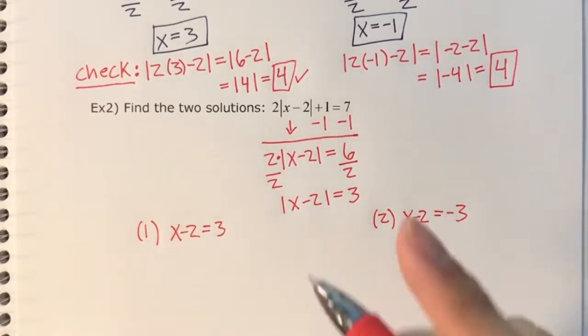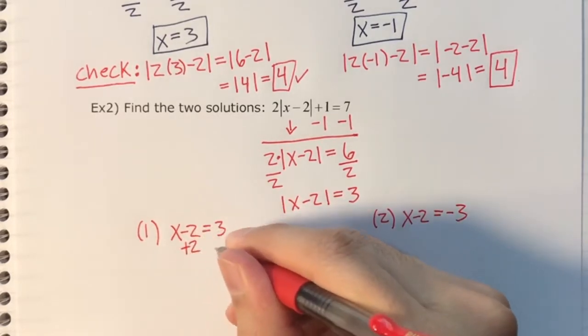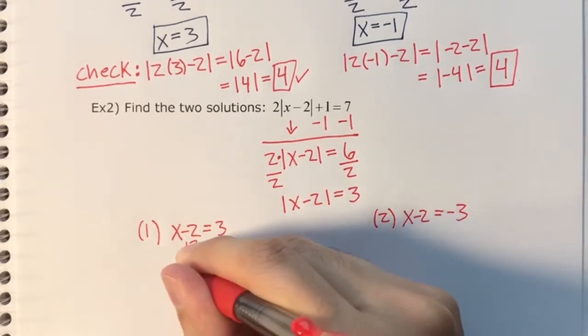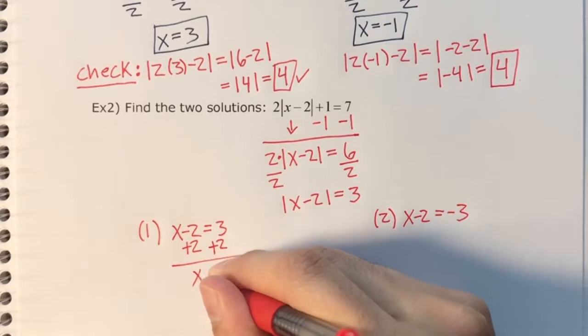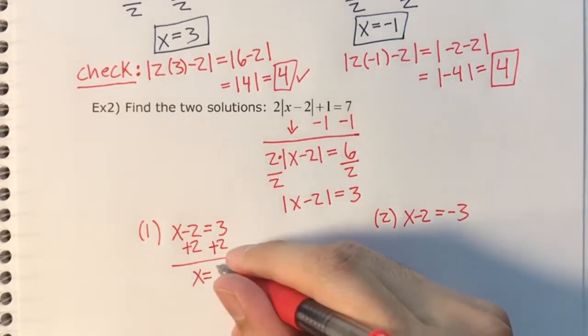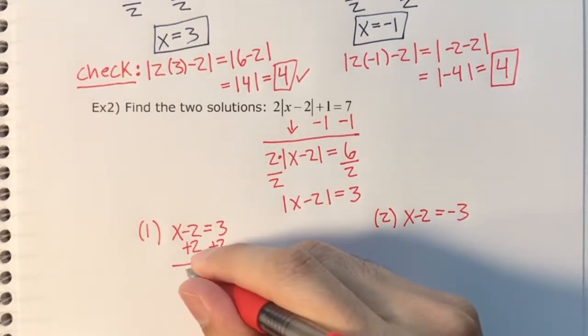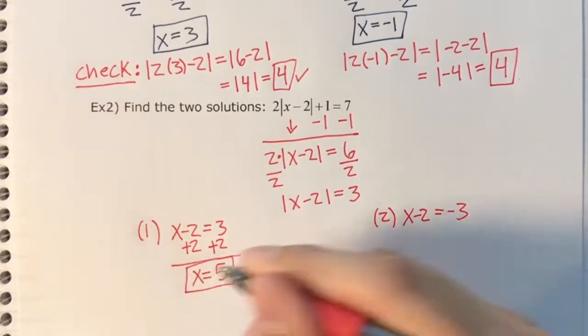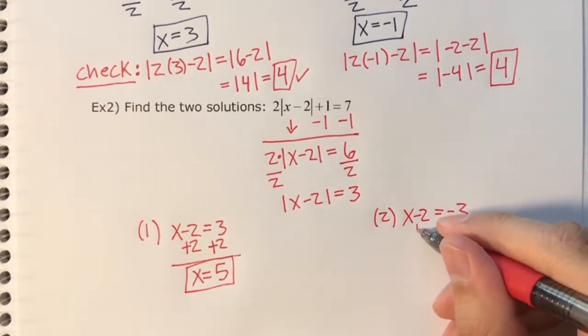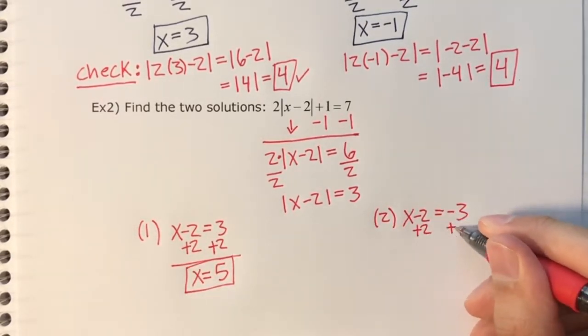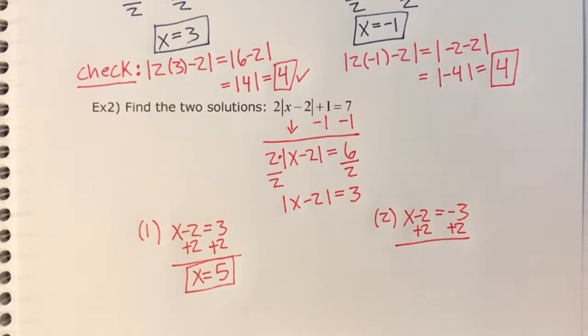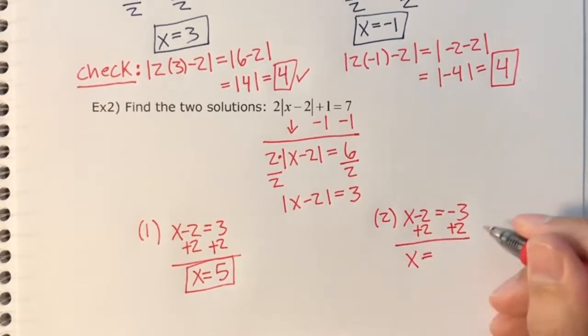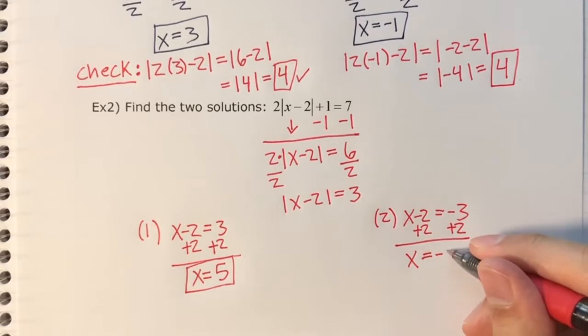And how do I get rid of that negative 2? Well, I'm going to add 2 to both sides. 3 plus 2 is 5. Here, opposite of minus 2, you add 2. So I'm going to have negative 3 plus 2, that's negative 1.